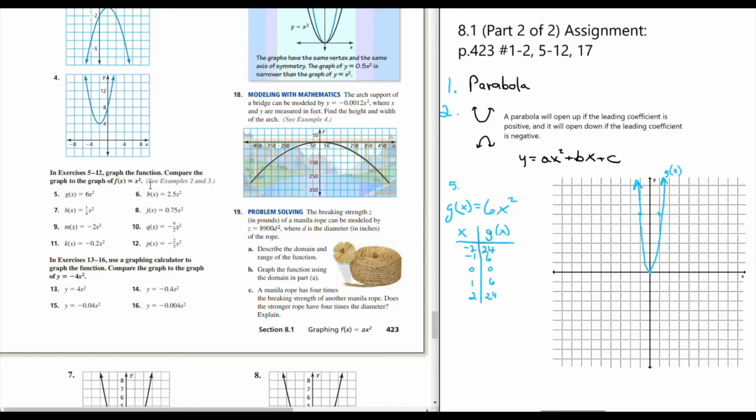All right, so it does say also for 5 through 12 that we have to compare to the parent function. Now, I said this verbally already, but I do want to write down my answer here. Compare to the parent function means list out those transformations compared to the parent function.